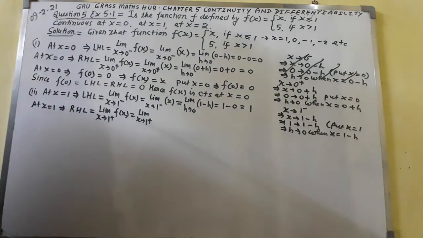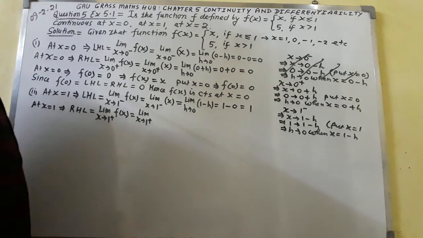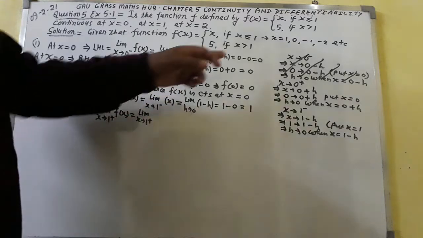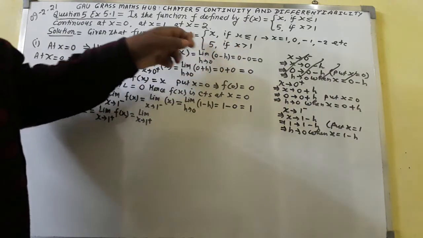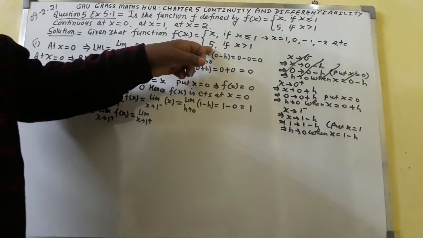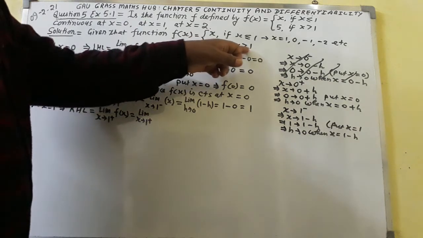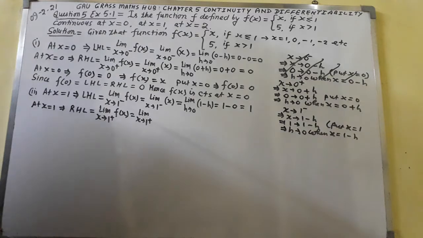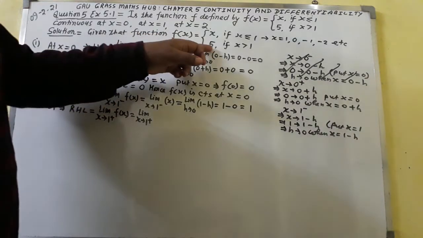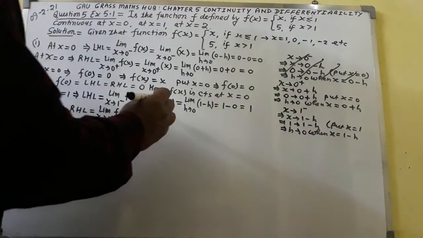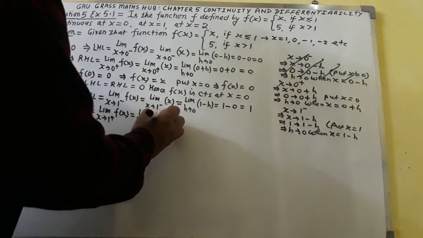So you have to choose the function for which x is greater than 1. The second function, f(x) equal to 5, is the function in which x is greater than 1. So in place of f(x) I shall write 5.